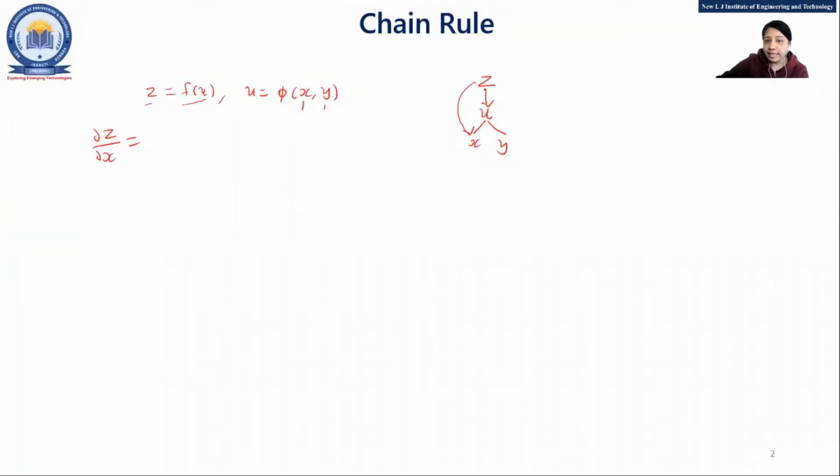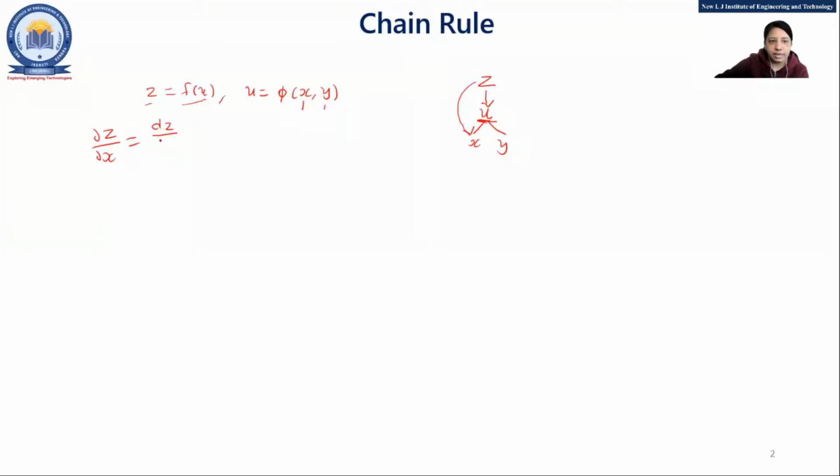So z depends upon only one variable, that is u, directly, but there is a path from z to x via u. When there is only one dependency, we are supposed to use ordinary differentiation.